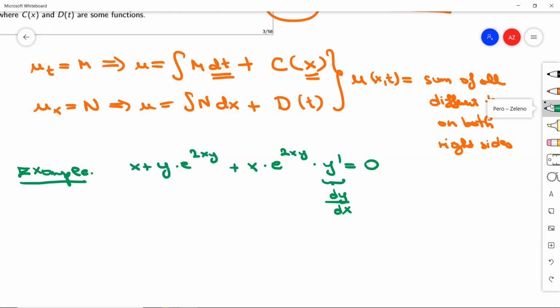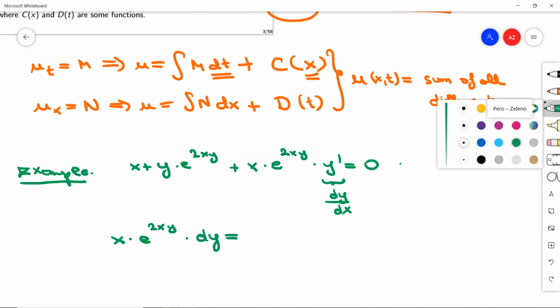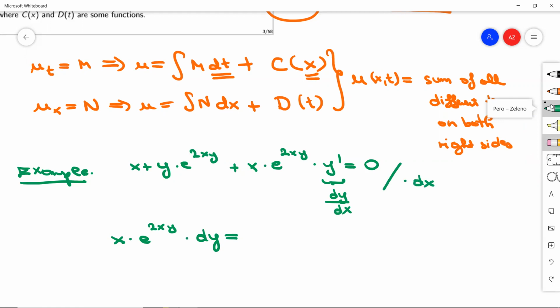So what is our M? We have x e^(2xy) dy on one side, and we can just multiply by dx and spare one step. So what we get is plus (x + y) e^(2xy) dx equal to 0.